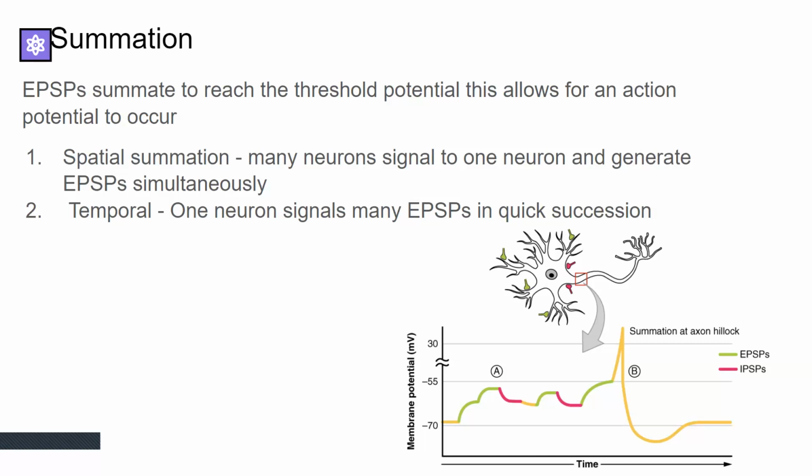Or the second way is you have two different neurons firing together, trying to get this neuron into a position where it can have an action potential. And that's what temporal and spatial mean. Spatial is many neurons. Temporal is one neuron with multiple EPSPs being fired rapidly, back to back.